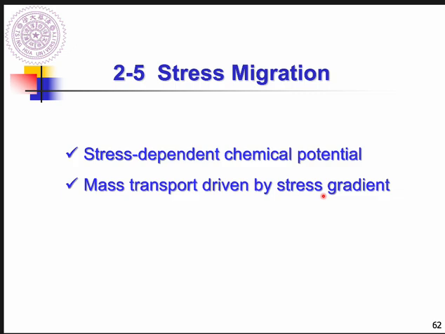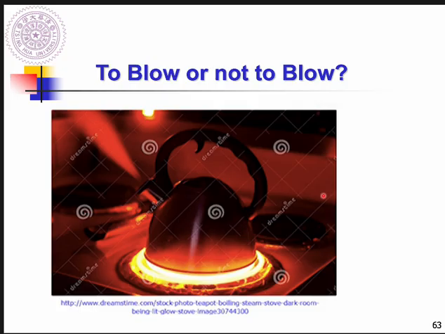Before we take this in more detail, we will show you an example to demonstrate that the stress gradient does induce atomic migration. What we have here is a candle on a gas stove. We tried to fill the candle with water and put it on the gas stove to heat it up.